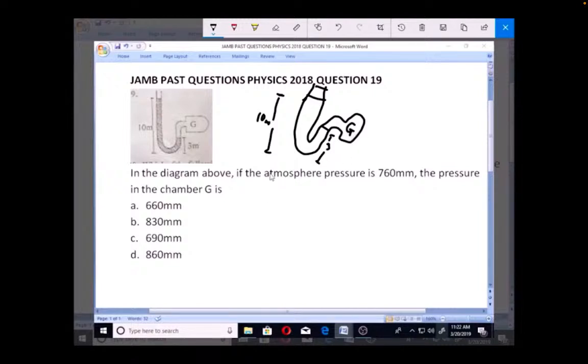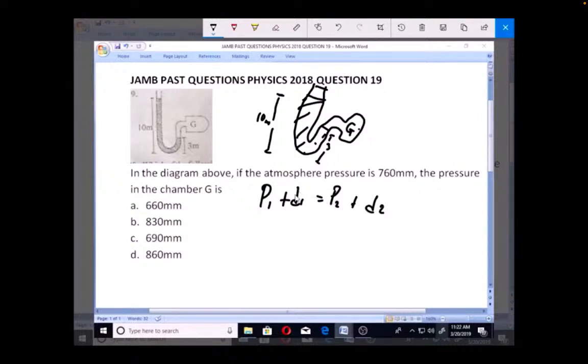So if we consider this height as pressure 1, we have pressure 1 plus the distance D1 gives what this one is making, pressure 2 plus the distance D2.